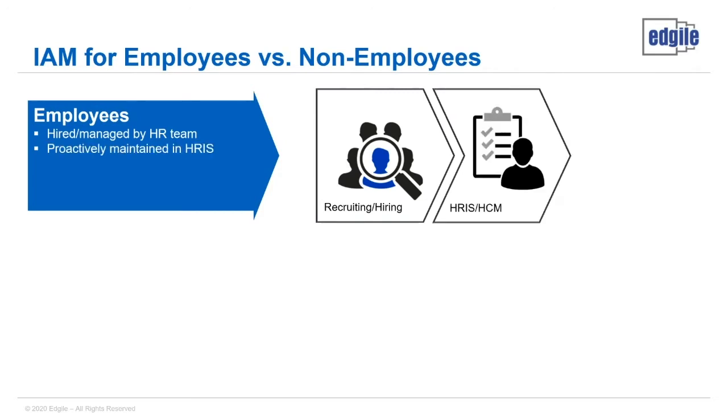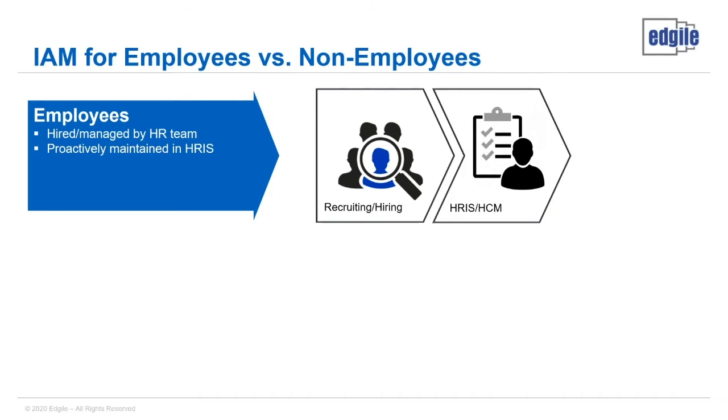So you have that HRIS or HCM containing all of that employee information that's proactively maintained by that HR department, right? You know when a job title changes or when their manager changes or, importantly, when they leave the organization, all that data is there.